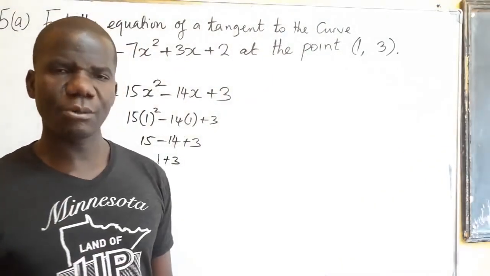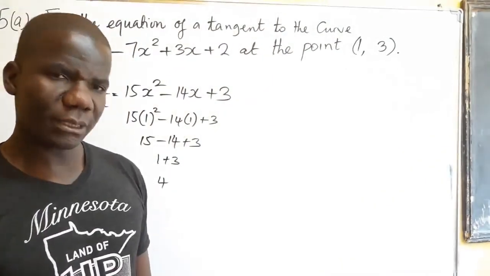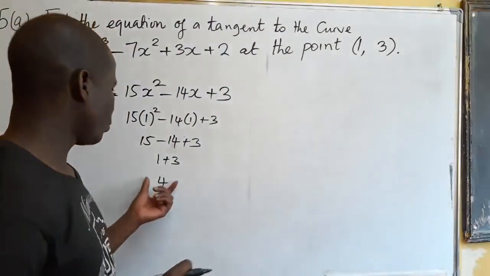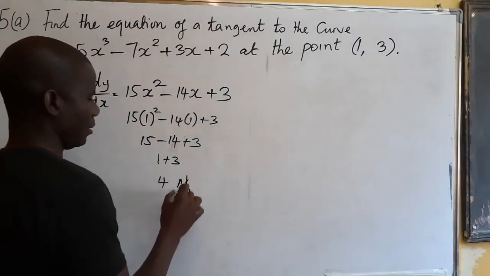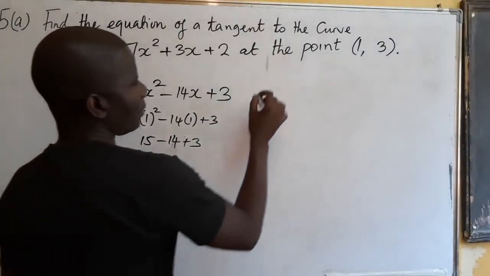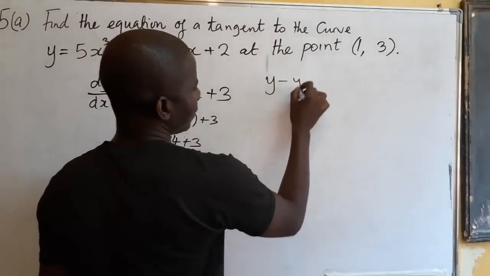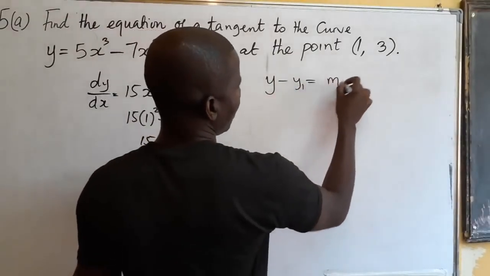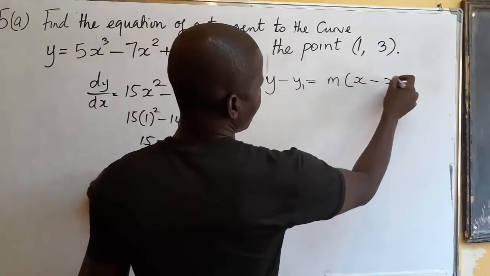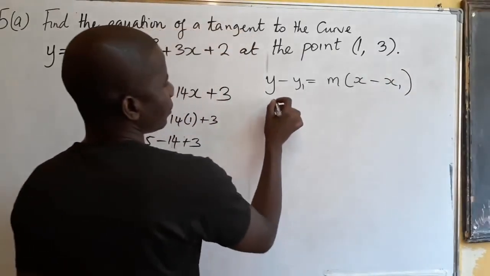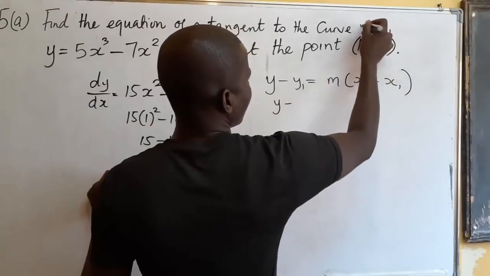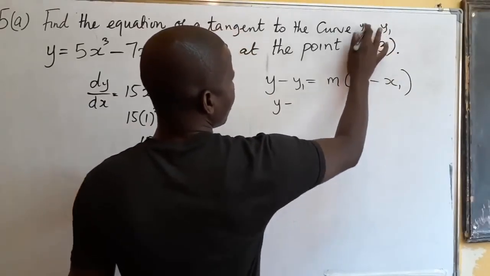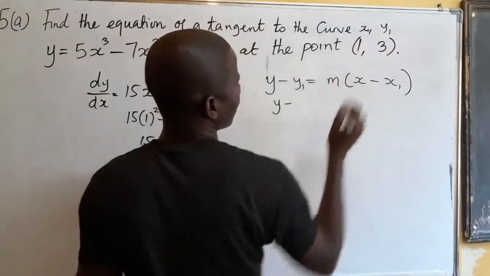Now, since they want the equation of the tangent, for the equation of the tangent, we use this same gradient, which is m1. Okay? So to write the equation of the tangent, we use the formula. So y minus y1, this is y1 here, this is x1.